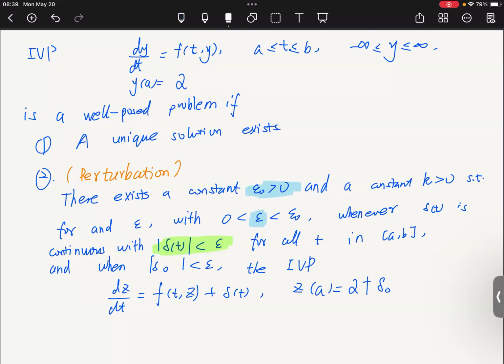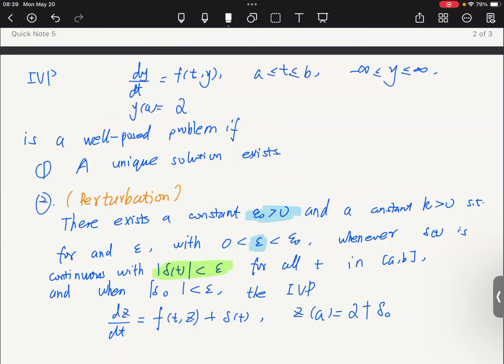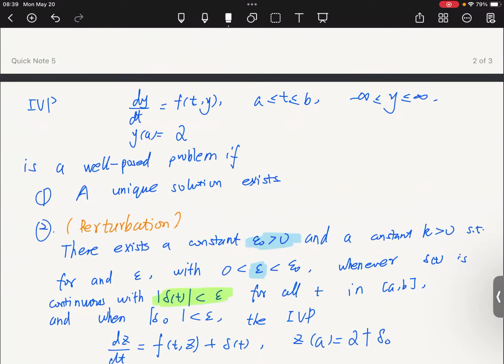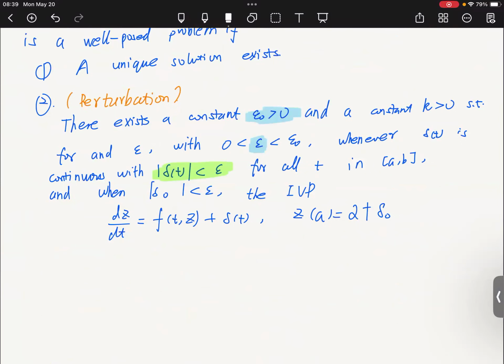So let me just say all the things again. The perturbation here: we have epsilon, which is the bound for the perturbation, and this perturbation should be small enough. And there's this constant epsilon 0 to bound the perturbation amplitude.